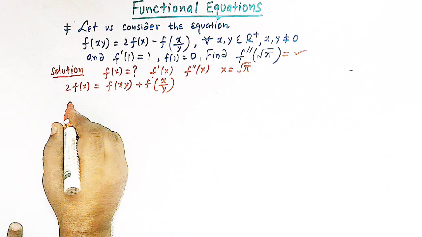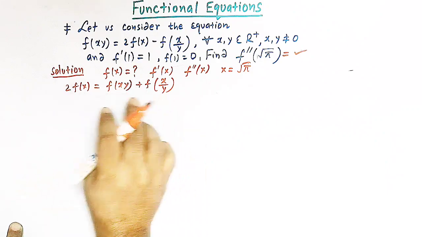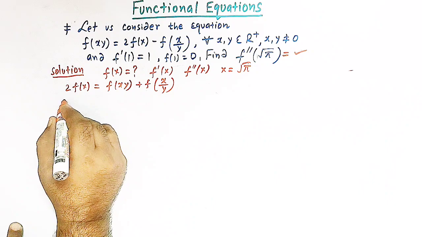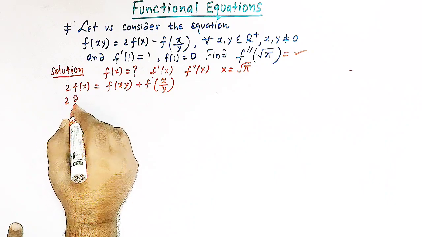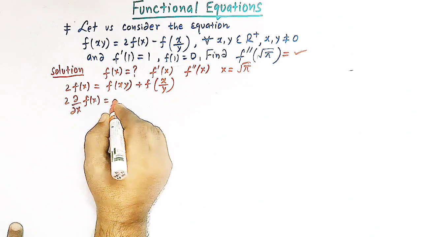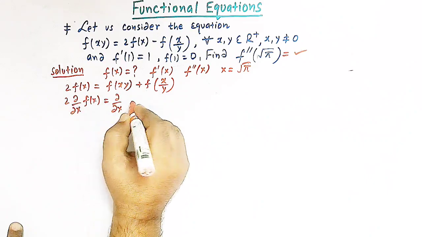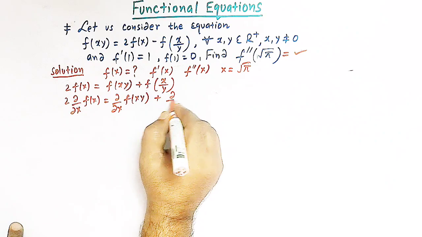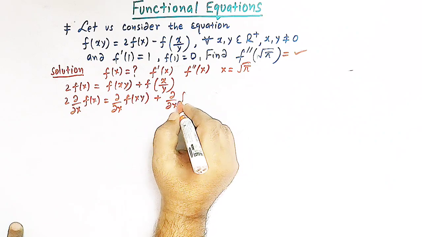Now let us differentiate both sides partially with respect to x. What we will get: we have 2, then del by del x of f of x, and here we have del by del x of f of xy, and here we have the derivative of f of x over y.